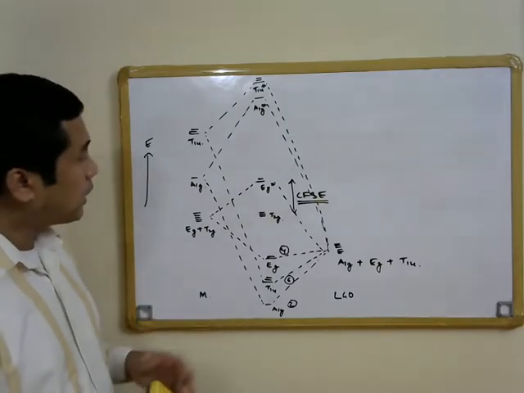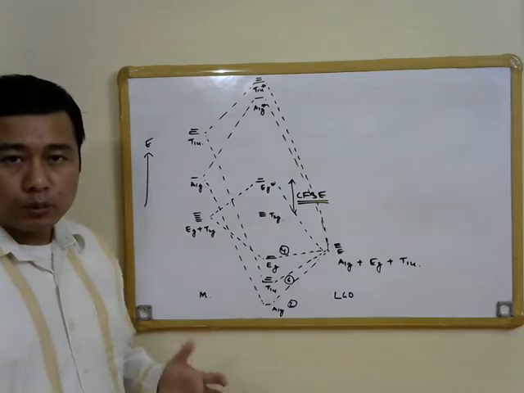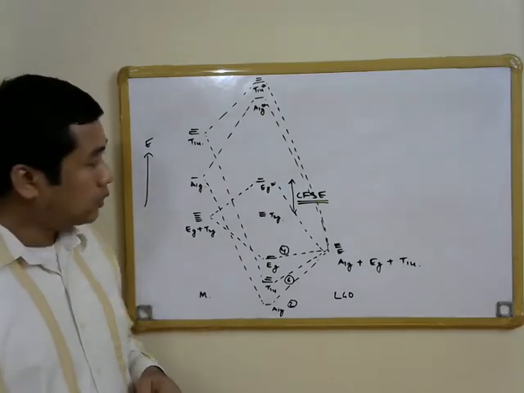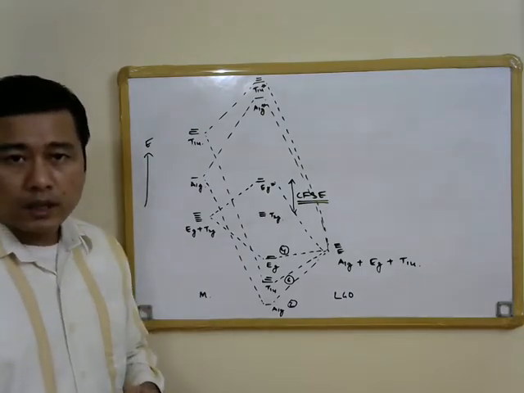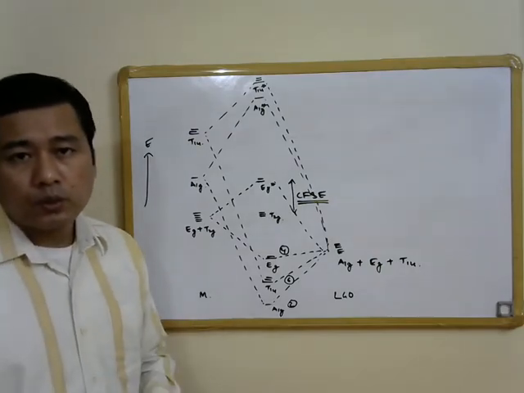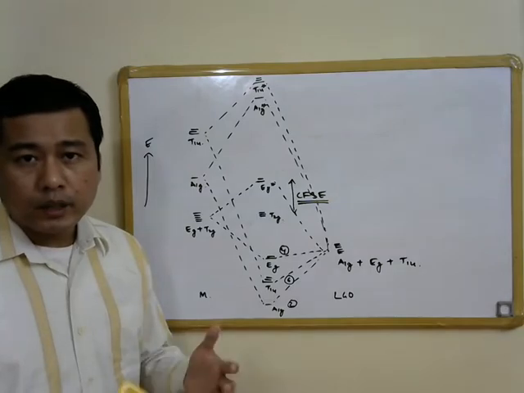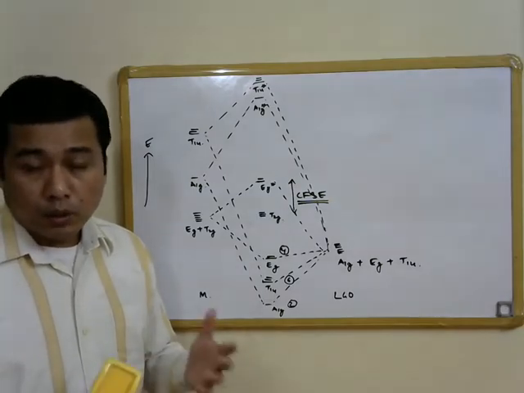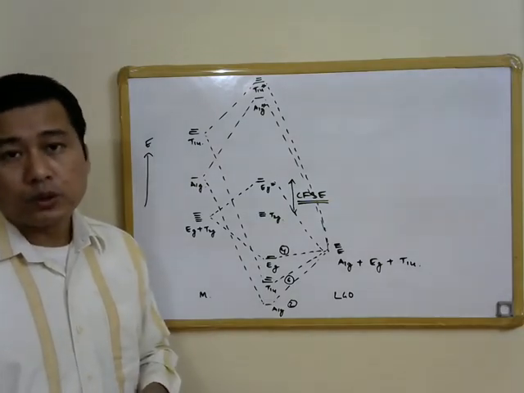So this is the molecular orbital diagram of an octahedral complex with only sigma bonds. In the next lecture, we are going to learn how one can use group theory to draw a molecular orbital diagram for a complex where pi bonding is also present.